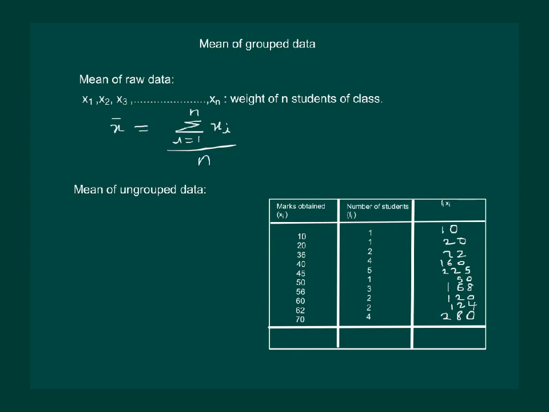Then find sigma fi into xi and sigma fi. Then mean of ungrouped data will be given by summation i varying from 1 to n, that is the number of entries, here are 10 for instance, fi into xi by summation i varying from 1 to n fi.